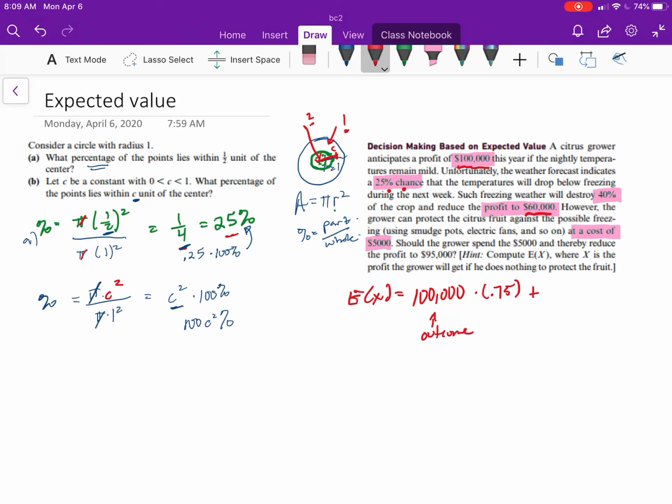I did kind of jump the gun as I read this in my head, but compute E of x, where x is the profit the grower will get if he does nothing. Now, there's a 25% chance it's ruined. Remember, these probabilities should always add up to 100 as well, otherwise you're missing something. 75% chance we're good, make 100. 25% chance I drop down to 60. That's that outcome.